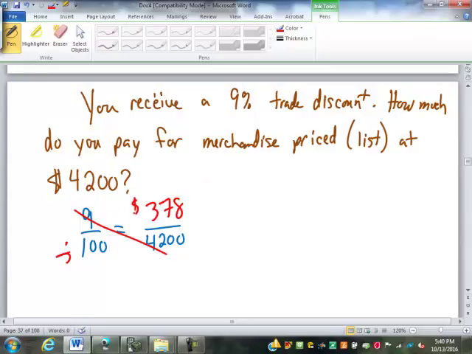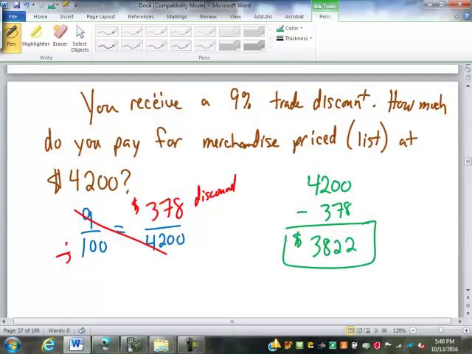So $378, that is the discount. So we want to know then how much is left. So $4,200 minus the $378 discount is $3,822 that you have to pay. That is what we call the net price.